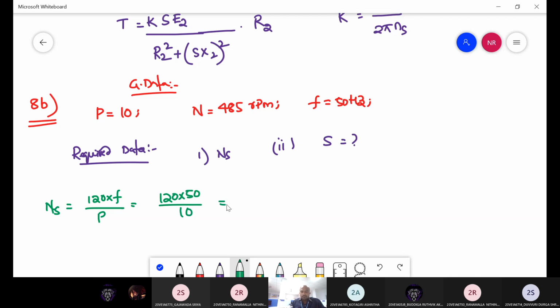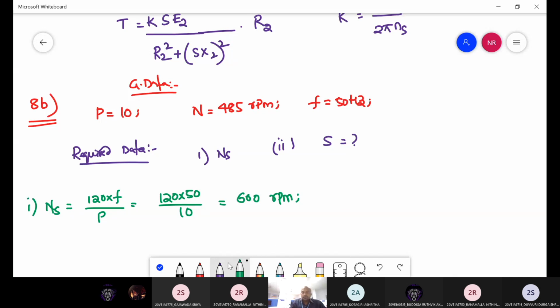Calculate it. 600, sir. 600 RPM. This is the first bit.